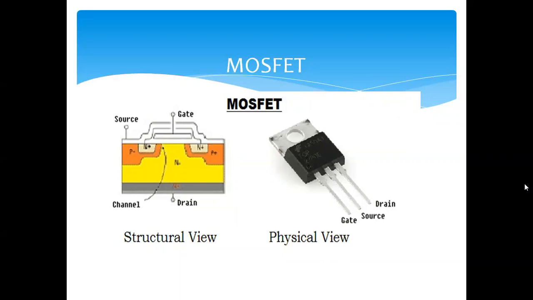Between the drain and source, there is a channel formation. On the right hand side you can see the physical view. The first terminal is always gate, the middle one is source, and the last one is drain.